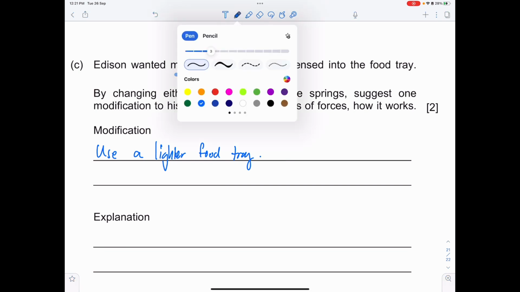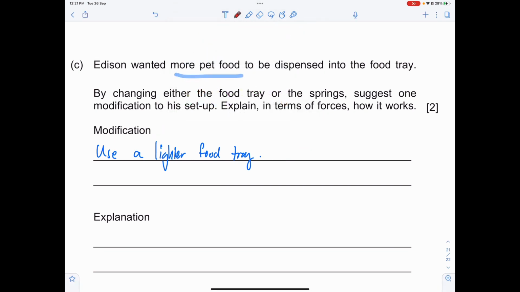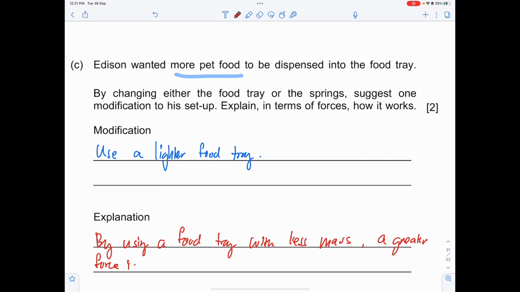And your explanation would be that by using a food tray with less mass, a greater force is required to compress the springs.